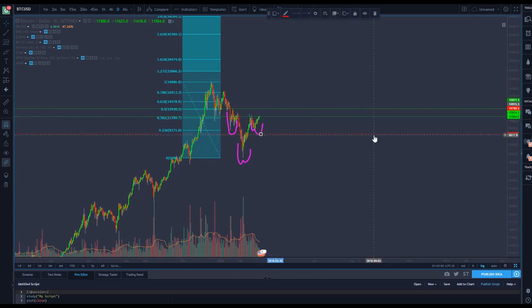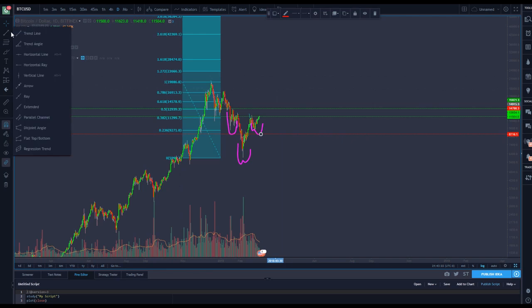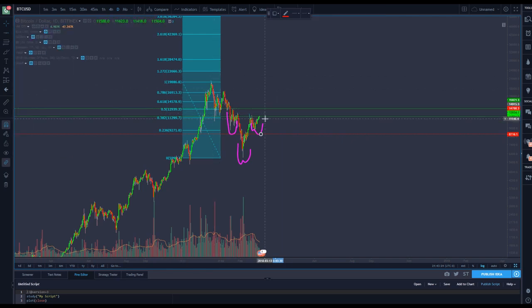So right when I draw it, you can see that it gives you this 0.786, and this is a major resistance line. As you can see here, as the price approached it pulled back really hard once it hit this Fib level, and it did it again here. So this right here is actually an extreme resistance line. Since the price is below it, it has to break through that for it to carry upward.